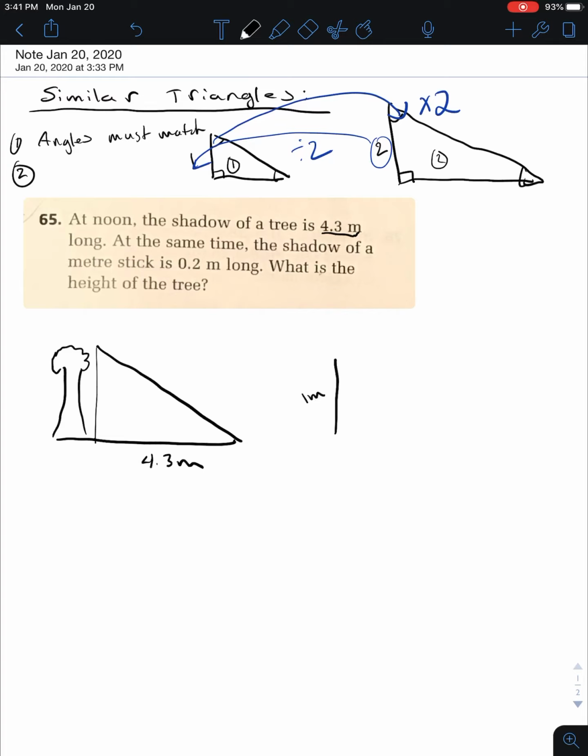So now you've got this meter stick sticking out of the ground, and it's 1 meter. I didn't draw this too well scale-wise, but you get the idea. And it's casting a shadow of 0.2 meters. Let me draw this.